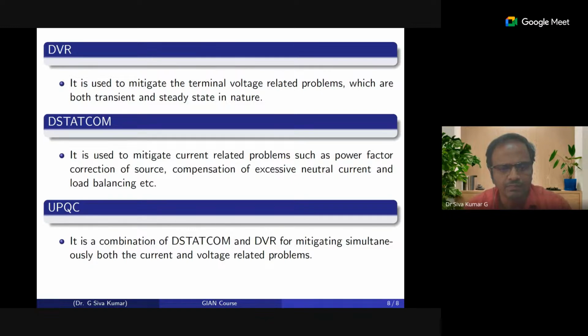But in general, most of the voltage related problems, apart from the steady state problems, are transients that last for a very short duration.